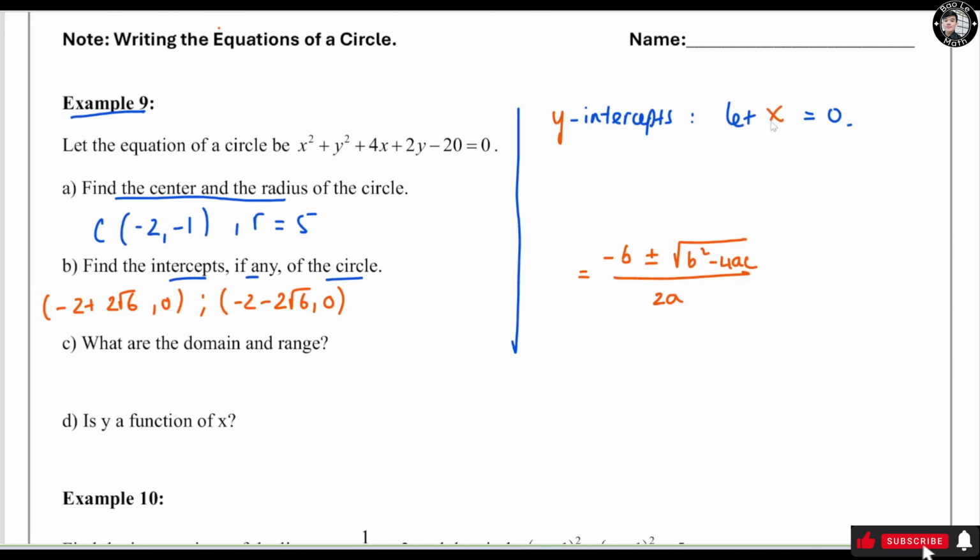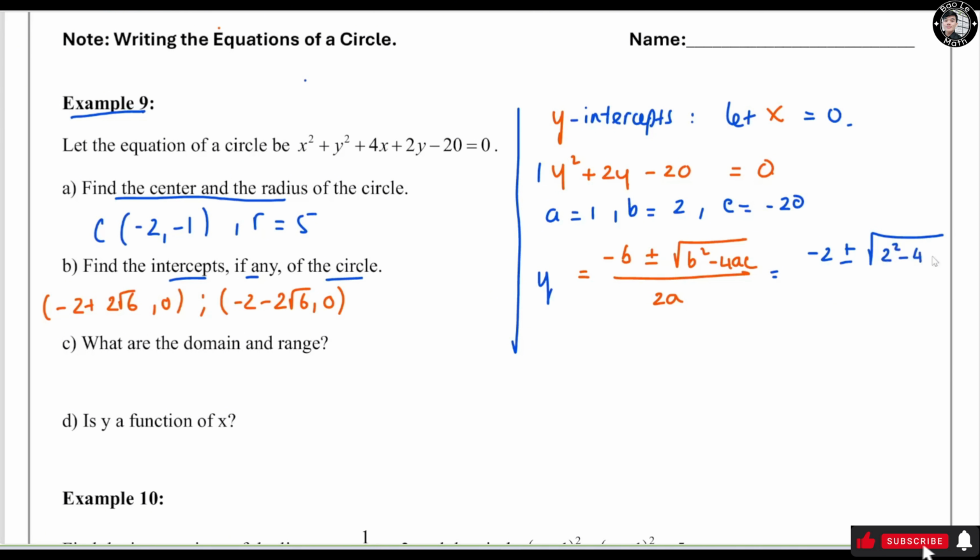So we're going to let s equals 0, right? Substitute over here. You have y squared plus 2y minus 20 equals 0. And a equals 1, b equals 2, and c equals negative 20, right? So the y value should be negative 2 plus or minus the square root of 2 squared minus 4 times a times negative 20, divided by 2, right?